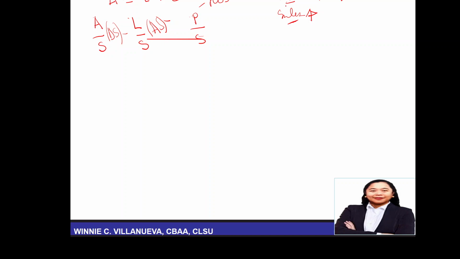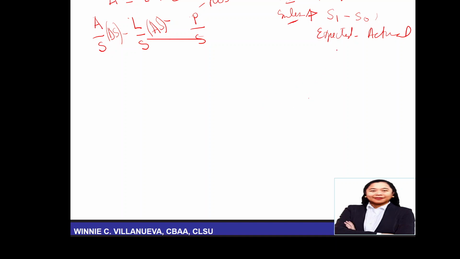By the way, how do you compute for change in sales? Sales in period 1 less your base or your actual. So itong S1 will actually be your expected sales. Diba? Expected less actual. Or ano pa? Pwede nating gamitin aside from expected.